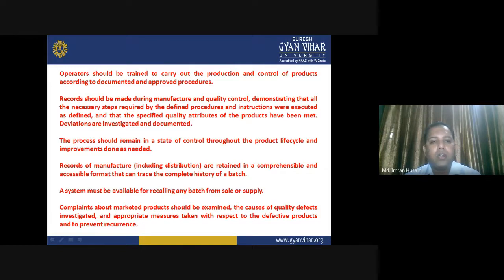Deviations are investigated and documented. The process should remain in a state of control throughout the product life cycle and improvements done as needed.